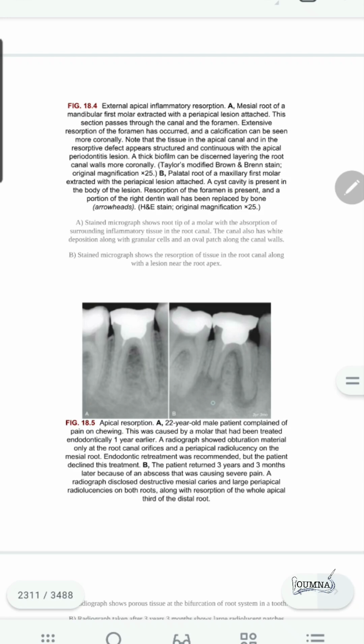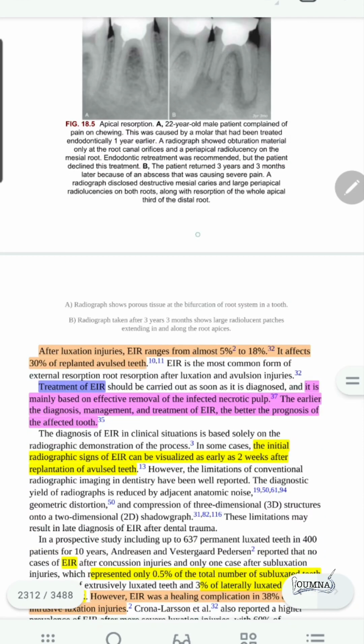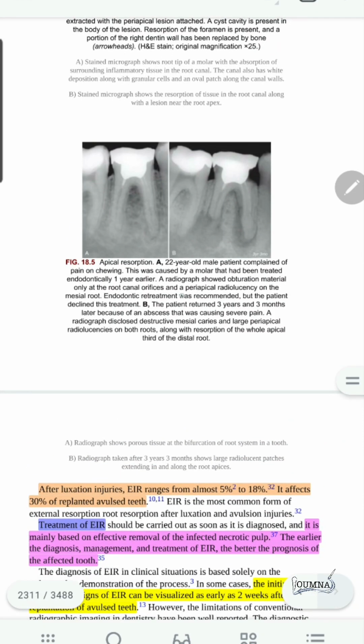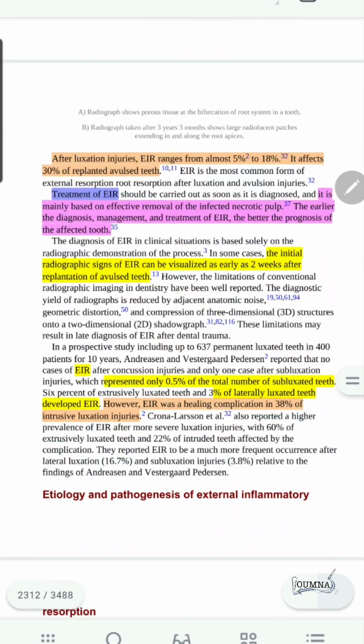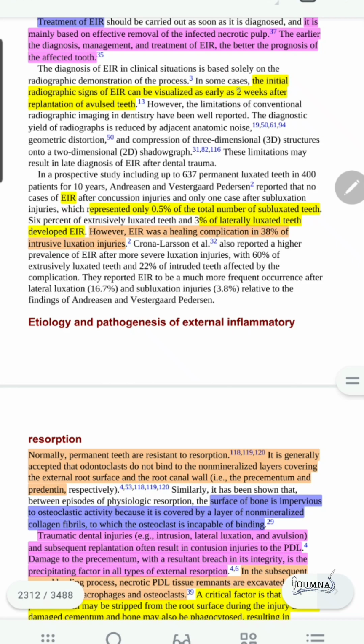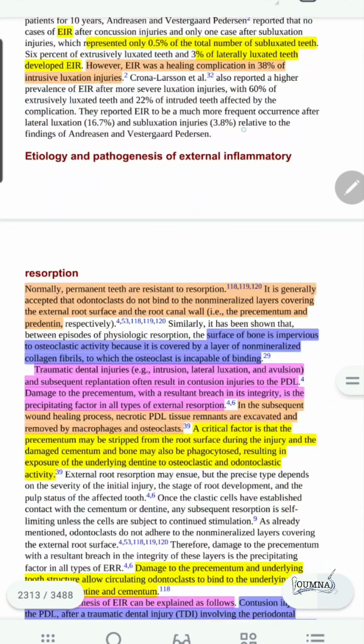The tooth can get fully resorbed in a matter of 3 months, usually, but in general, the signs appear after 1 year of the injury, or in some cases we can visualize the radiographic signs as early as 2 weeks after the replantation of avulsed teeth. So we must do a follow-up for these cases when they happen.